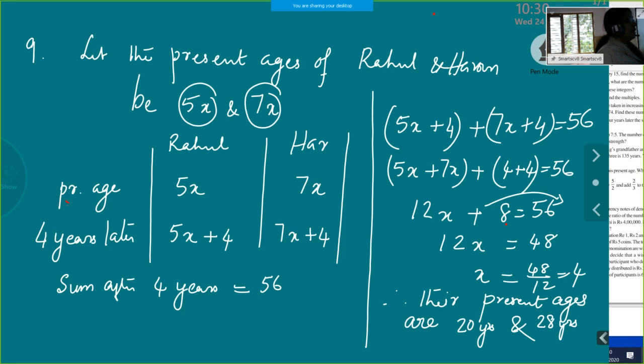So Rahul is 20 years and Harun is 28 years. When you write the last answer, write with the unit. So Rahul is 20 years and Harun is 28 years.